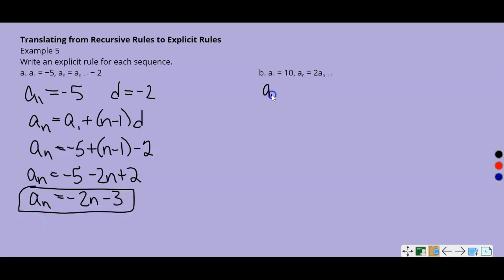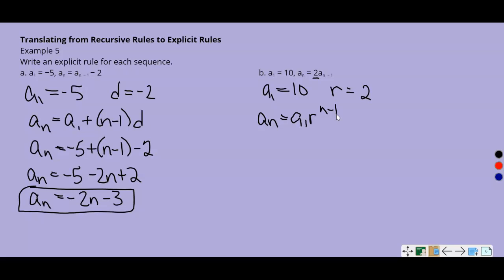All right, for B part, a sub 1 is 10. We can see that our common ratio here is 2. And this one represents a geometric sequence. So we're going to have a sub n equals our first term, and then times our common ratio raised to the n minus 1 power.